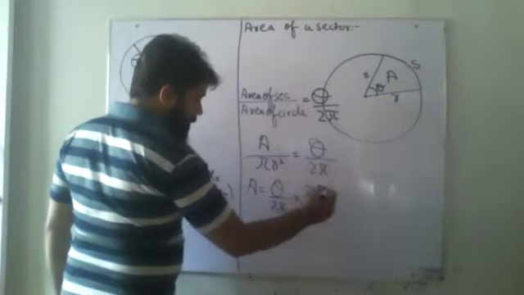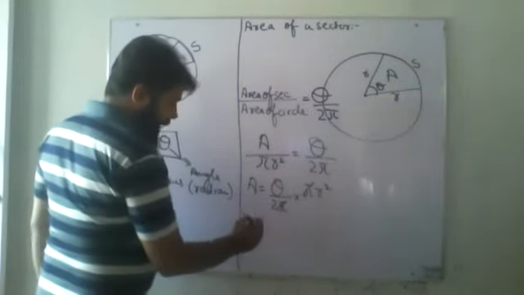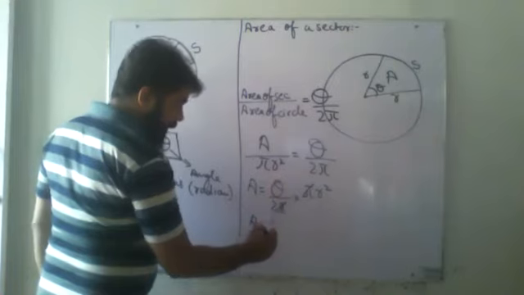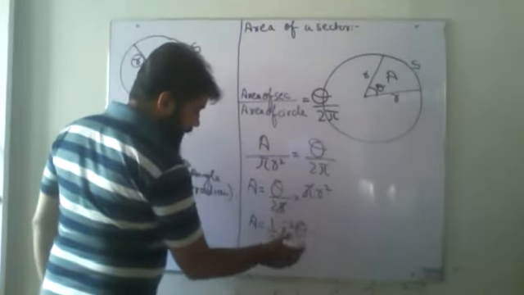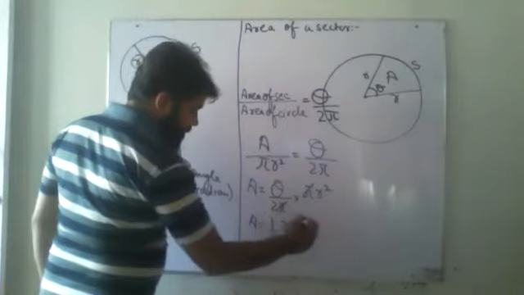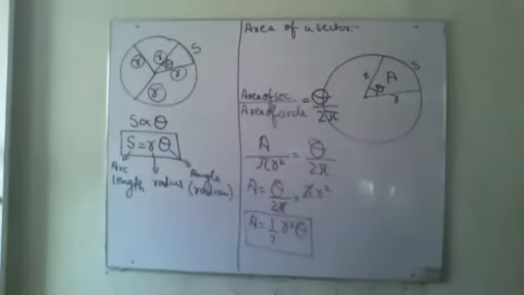Pi and pi will be cancelled. So I am going to have A equals half r square theta. That is one formula for area of sector.